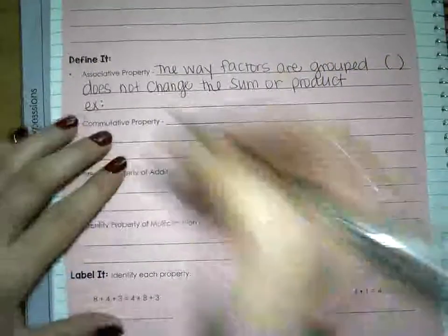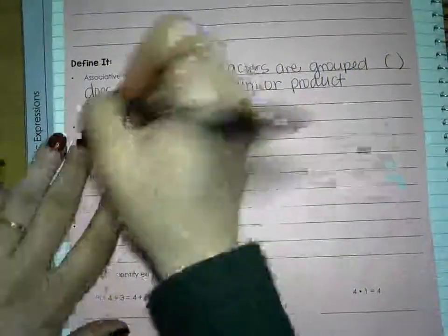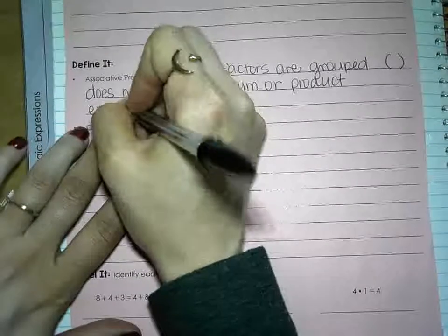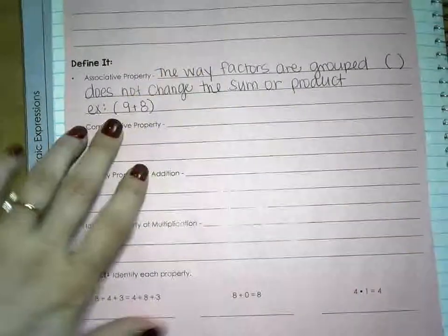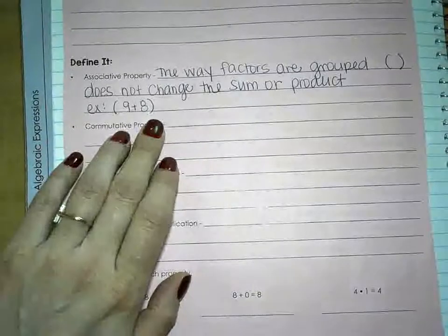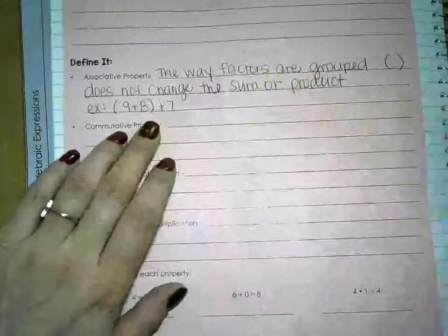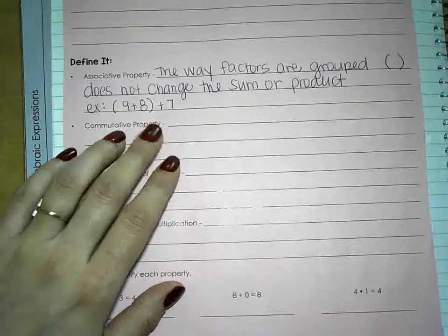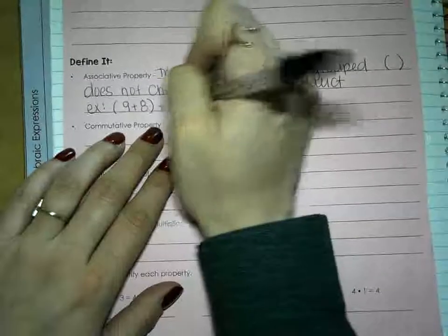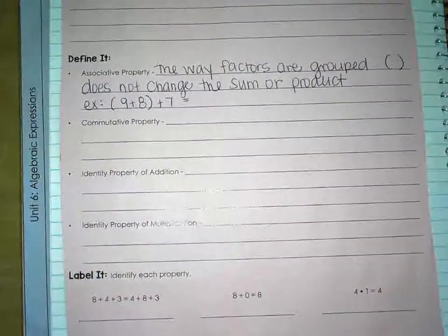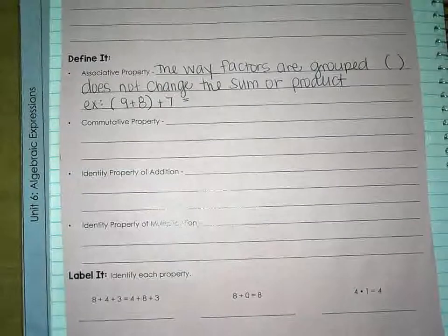So here's what the associative property kind of looks like. I could have 9 plus 8 inside parentheses, and then outside parentheses I could have plus 7. When I say the factors are grouped, meaning they're changing what is inside parentheses.